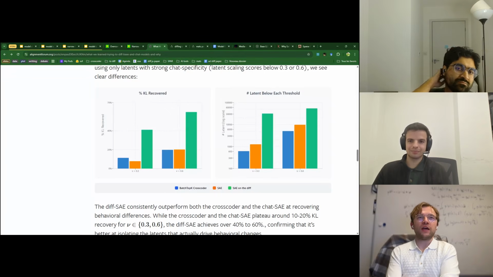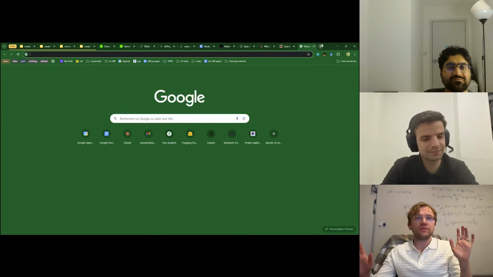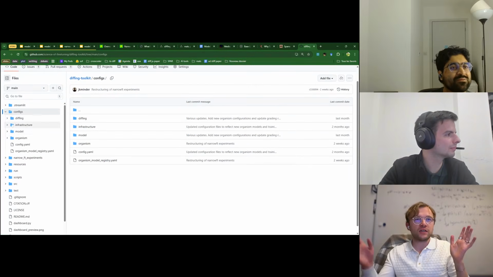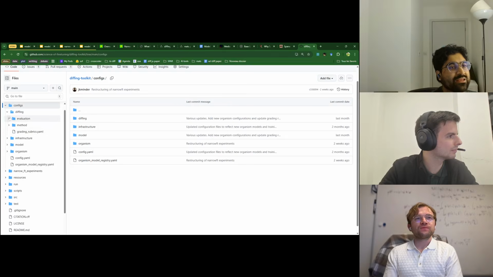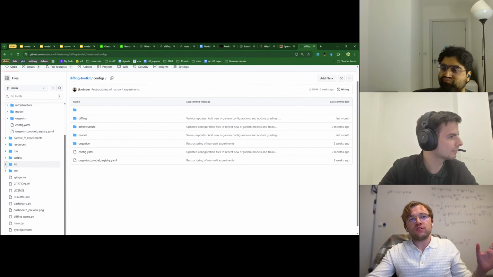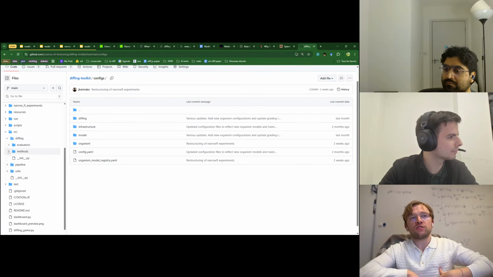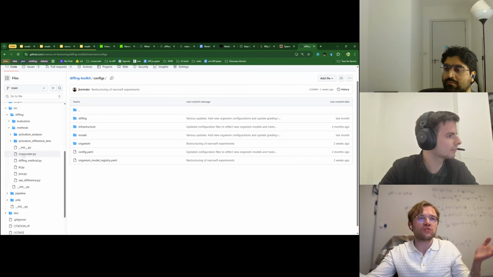Maybe also to point out, we have a repository that has all the methods available implemented. So if someone wants to play with it, there's a dashboard coming with it. Sorry, is this for your paper or broader? We wrote all of our narrow fine-tuning paper in this repository, but it also contains training code for SAE on the difference and for crosscoder.